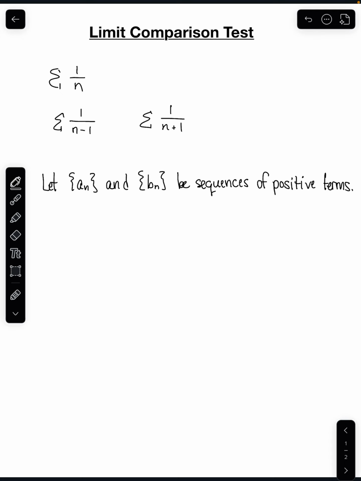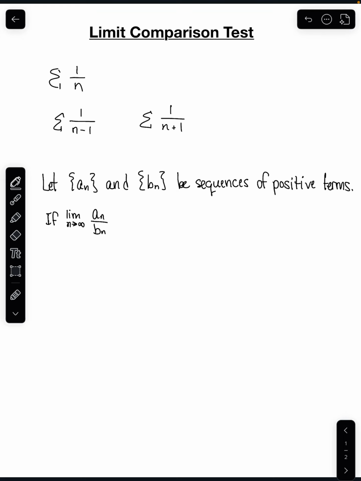We're then going to look at the limit as n goes to infinity of the ratio of the terms of the sequences. So the limit as n goes to infinity of the corresponding terms of the sequences in ratio to each other.